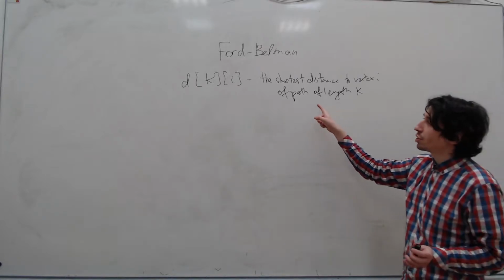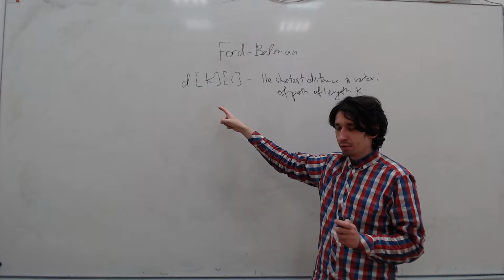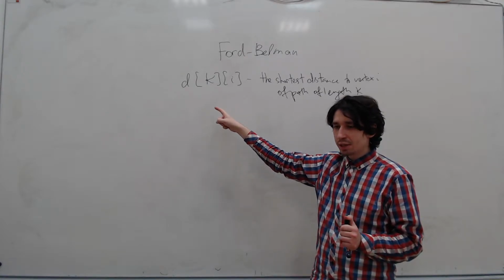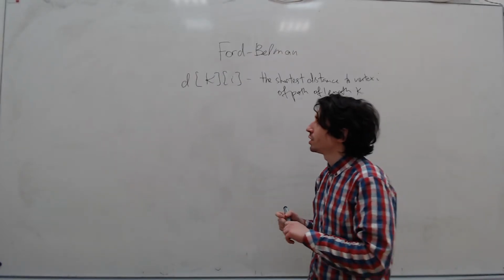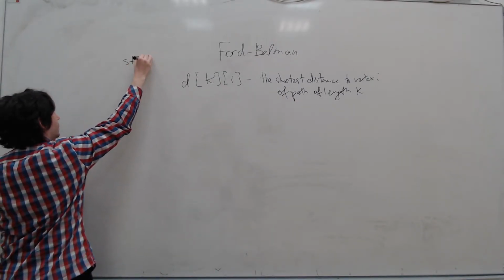So this means we find the shortest path of length k that ends at vertex i. Of course, let us suppose that the starting vertex is 0.